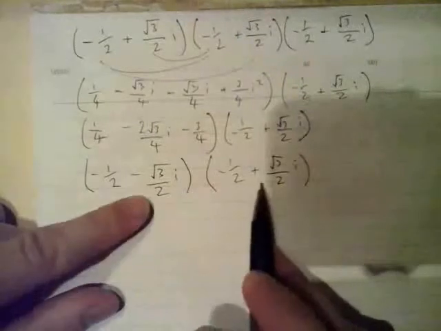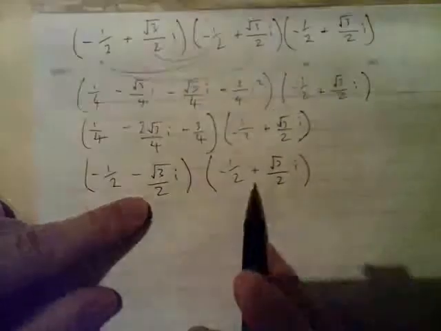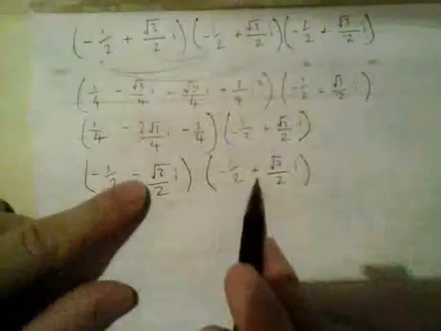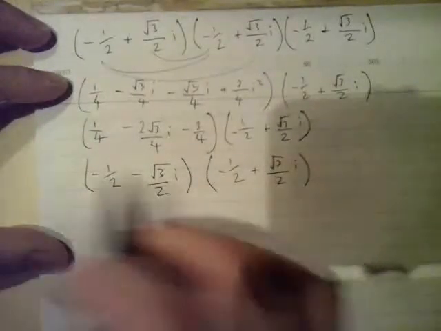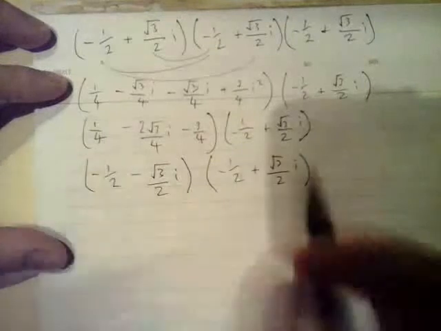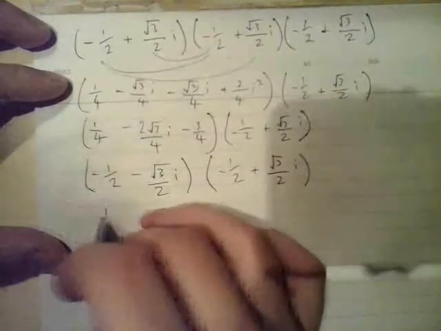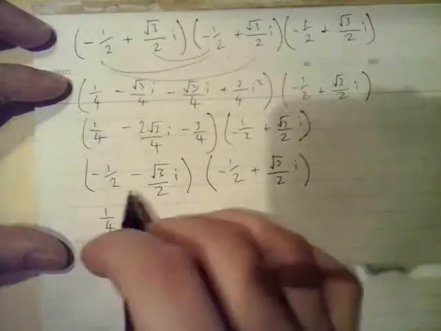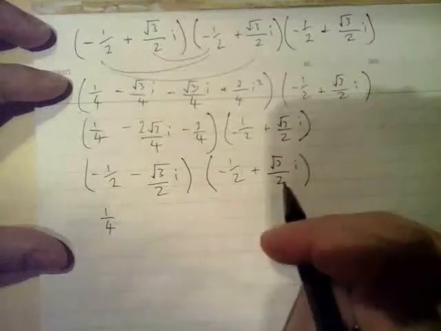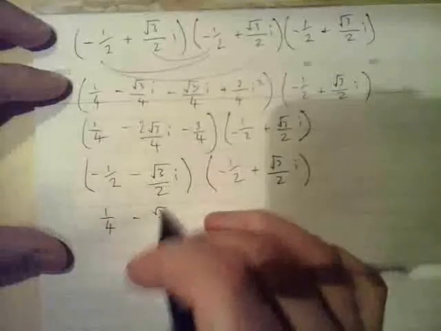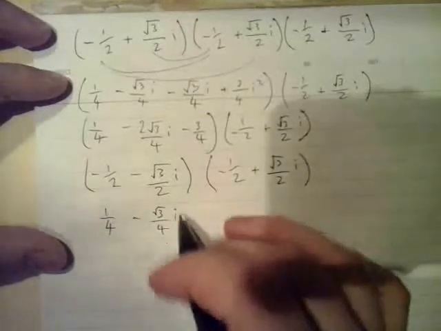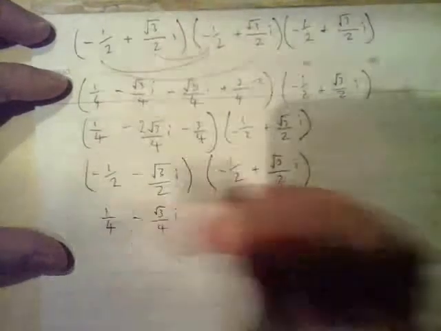Okay, and now I can expand these ones, but you'll notice they're conjugates. These are complex conjugates. They're exactly the same except for the signs. So let's expand these last 2 brackets and see what we get. -1/2 times -1/2 is 1/4, positive 1/4. And then I've got -1/2 times this. That's going to give me minus root 3 over 4i. And then I've got this one times this one.